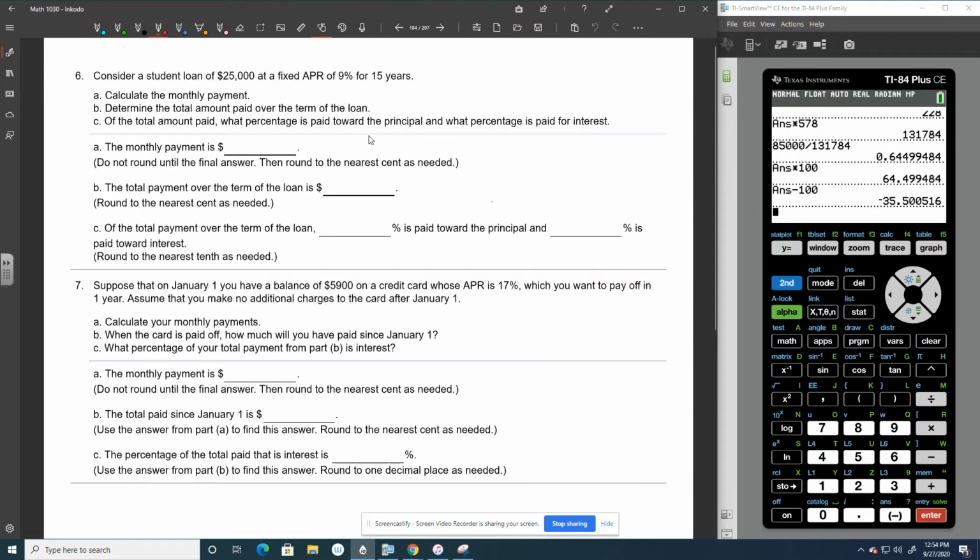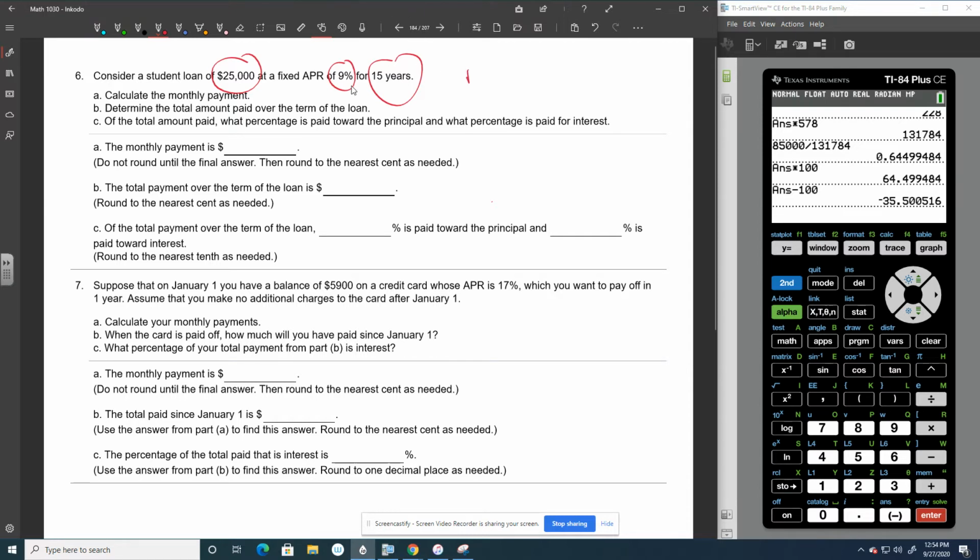Okay, number 6, consider the student loan, $25,000 at a fixed APR for 15 years. Calculate the monthly payment. So it gives me the loan amount, it gives me the interest rate, and it gives me the number of years that it's going to take to pay off.